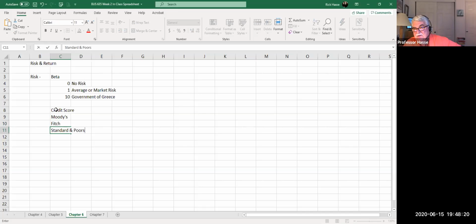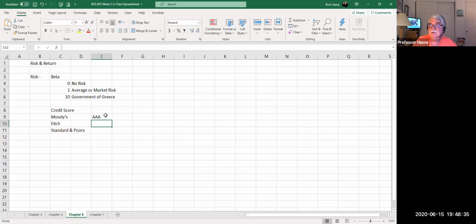But if you have a 500 FICO score, you're going to have to pay for it. Probably shorter term, higher interest. Same thing for corporations. If I have a AAA rating, my world is my oyster. But if I've got a C- rating, I'm in trouble. So credit ratings are another way of determining risk. Beta and credit rating, credit score.